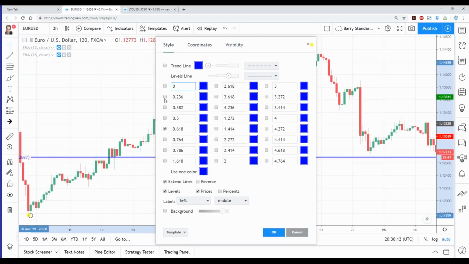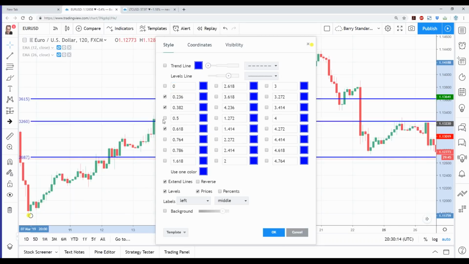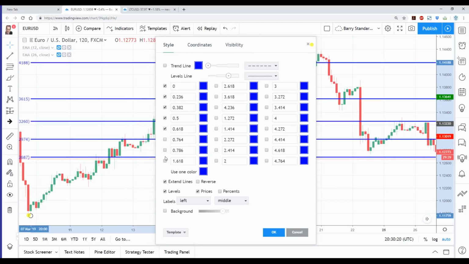Oh, that's why. That's turned on 23.6, 38.2, 50%. And we want to turn on 0. Now we can set the Fibonacci tool to any color we want.